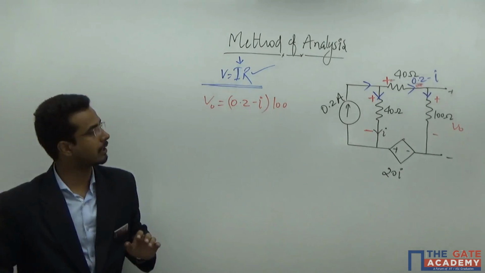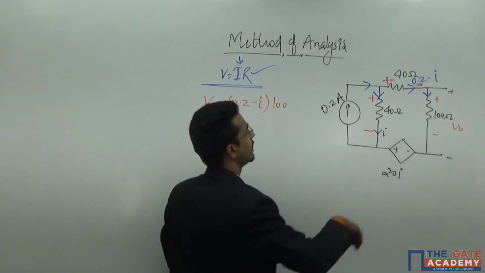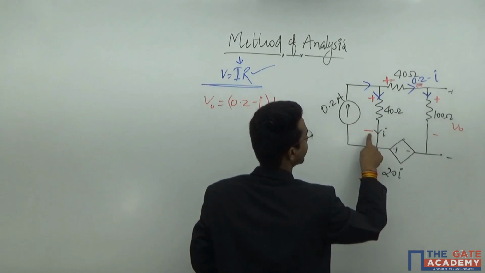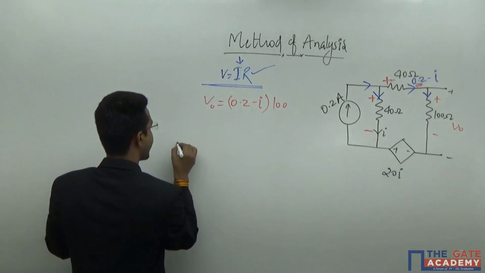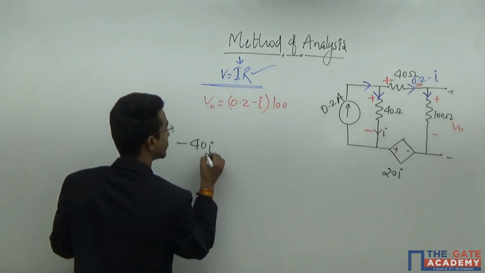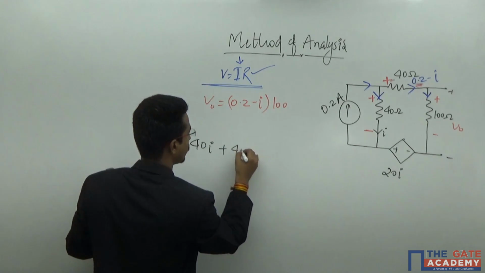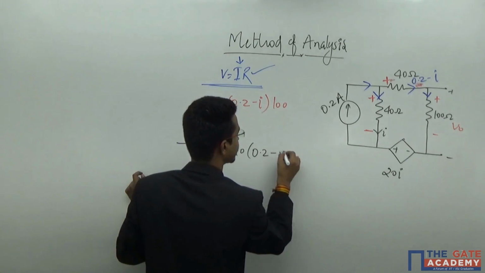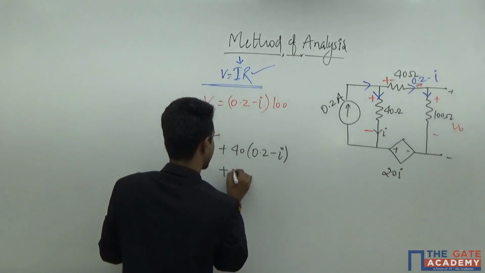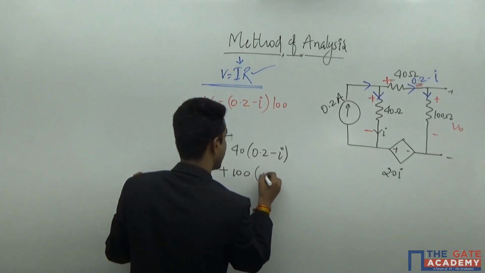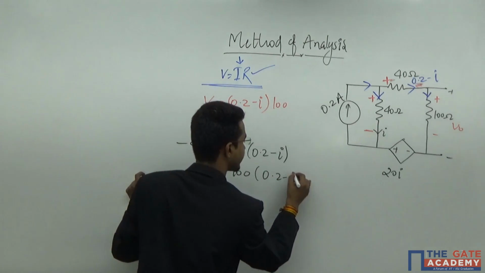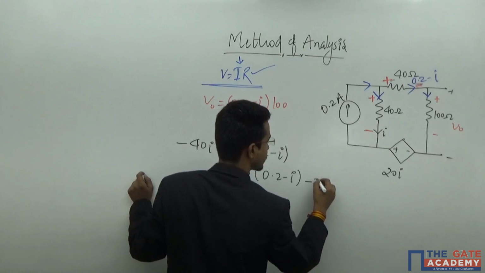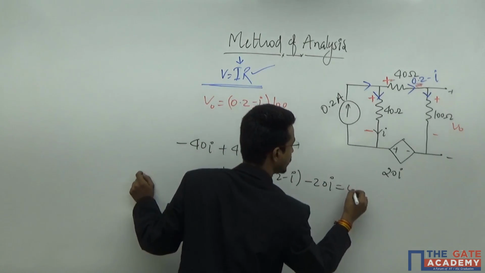My total motive is to calculate the potential. We start from here, that means minus sign I am getting. Minus 40I plus 40 into (0.2 minus I) plus 100 into (0.2 minus I) minus 20I is equal to 0.